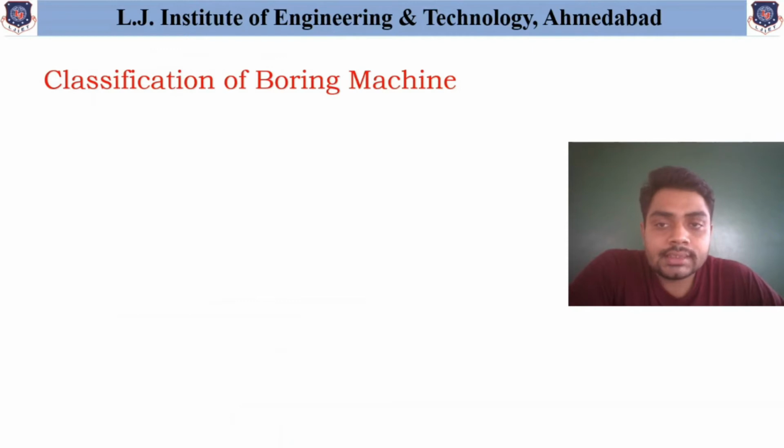Now let us discuss the different classifications of the boring machines. The boring machines are available in different varieties, and based on requirement different types of boring machines are used.